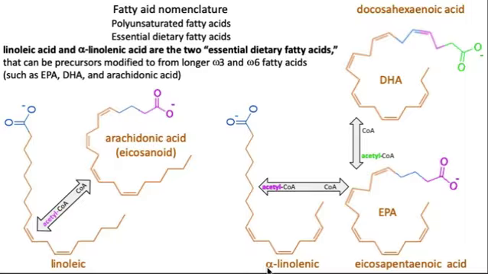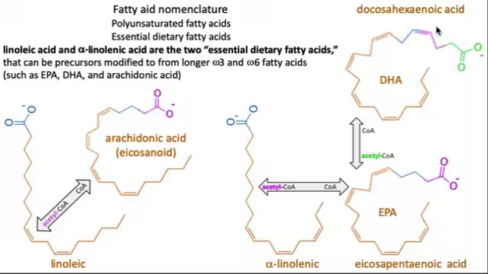And for example, humans cannot take in alpha-linolenic acid and convert it from an omega-3 to an omega-6 or omega-9. It will always be omega-3. But again, they can use desaturase enzymes and they can insert 2 carbon units to convert alpha-linolenic acid to eicosapentaenoic acid and ultimately to docosahexaenoic acid.